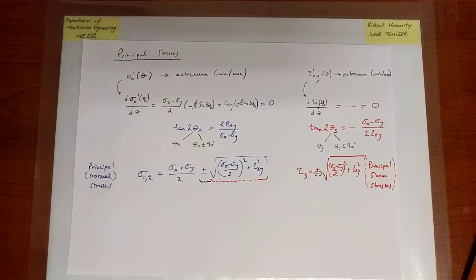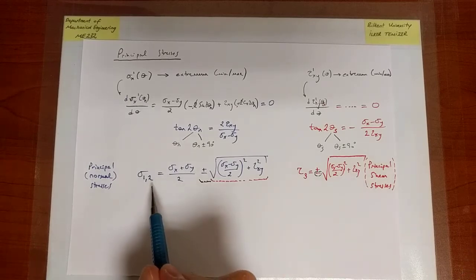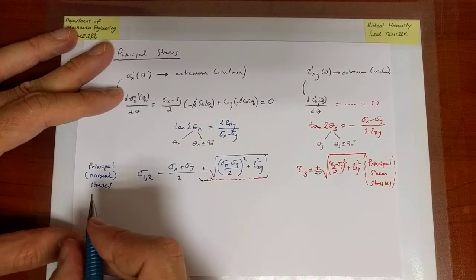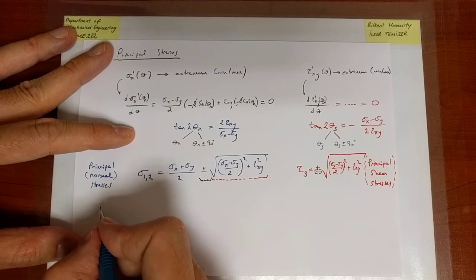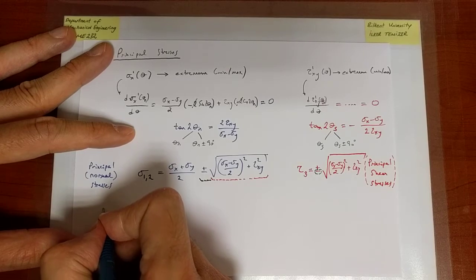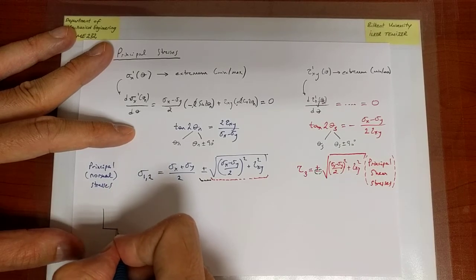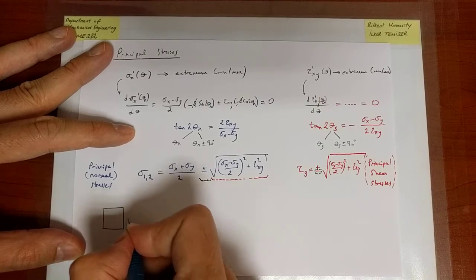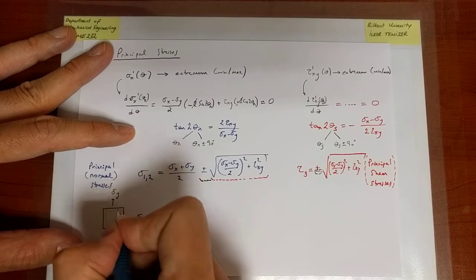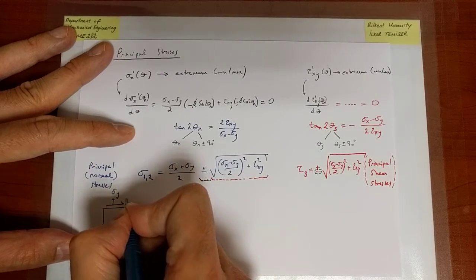Now, there are a couple of things to eventually notice here. The first thing to notice is that there's something special about the picture that has to do with the principal normal stress. Now remember, what we are doing here is starting with some original picture, where there is a normal stress on both surfaces and additionally a shear stress.